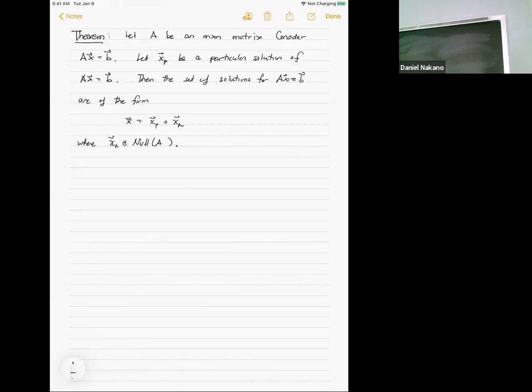So we're actually in the null space of A. Okay, so this is the set of homogeneous solutions.